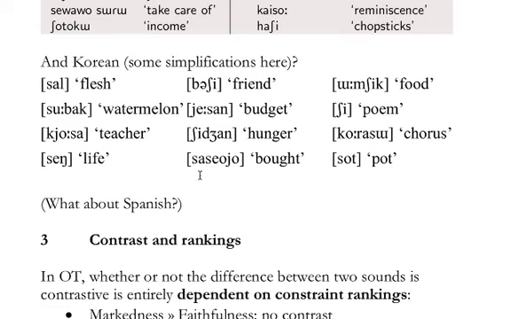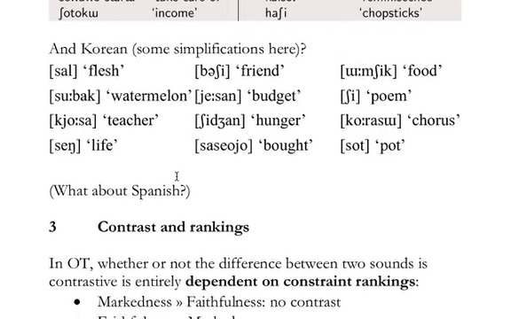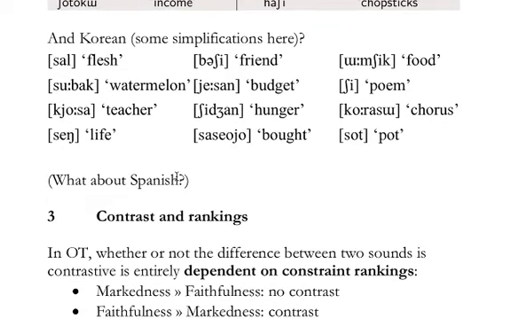Possibly also relevant here, although we're not going to look in too much detail at this, is Maori. Anybody remember what the patterning of this anteriority feature was in Maori? Well, it's kind of a trick question because Maori doesn't have any strident fricatives at all, so of course there's no contrasts for anteriority. Right? And so that's in some sense a fifth relevant pattern. We're not going to deal with that in much detail in this case.